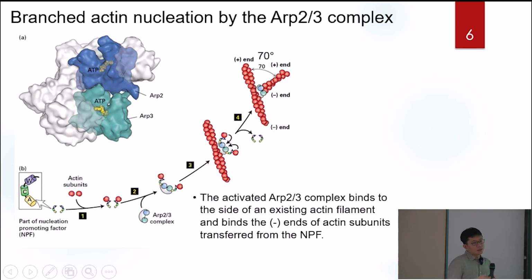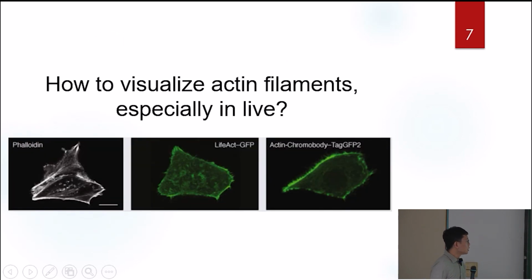Since actin is very thin, it's hard to image, and it's very dynamic. So many groups have tried to develop methods or probes to see the actin without affecting the actin dynamics.